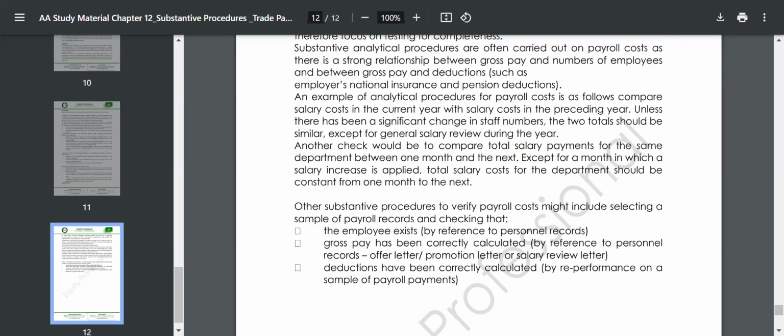Okay, so the 4 major processes that are peculiar to all of these procedures are: one, obtaining the list of what you want to test. So whether it's assets you want to carry out the substantive procedure for, whether it's payables, whether it's receivables, whether it's directors' payment, you must obtain a schedule or a list of what you want to test.